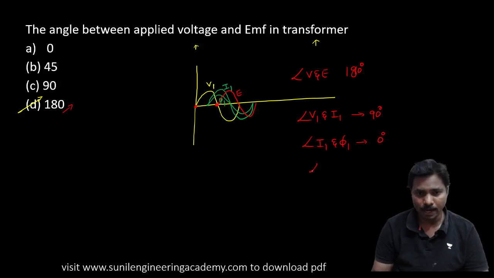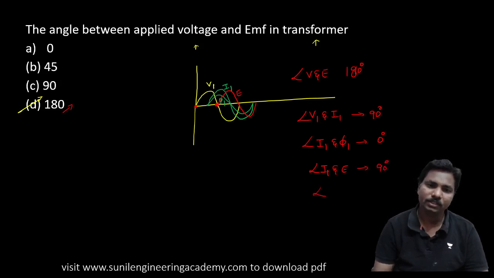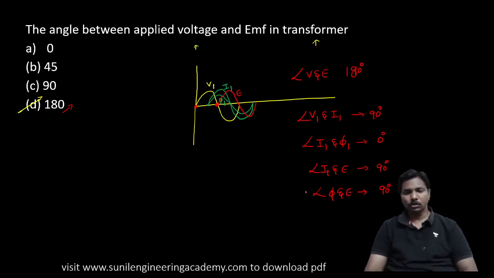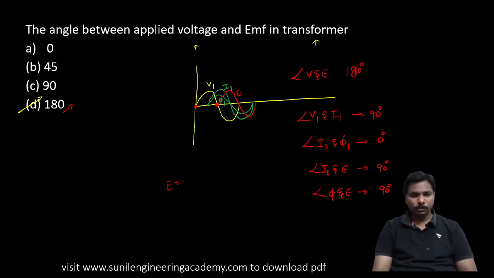Angle between current and EMF is 90 degrees. Angle between flux and EMF is 90 degrees. E is equal to minus N d phi by dt, so whenever the flux changes, only then EMF is produced. So the angle between the flux and EMF is generally 90 degrees.